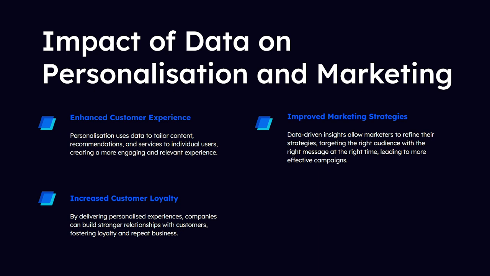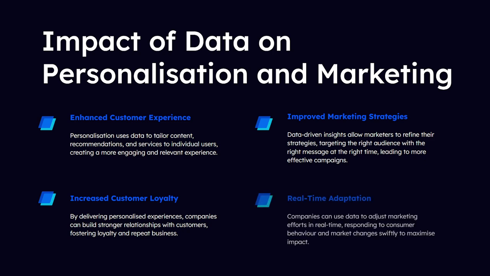This helps with targeted ads. Certainly does. And lastly, it offers real-time adaptation. Companies can use data to adjust marketing efforts in real time, responding to consumer behavior and market changes swiftly to maximize impact.